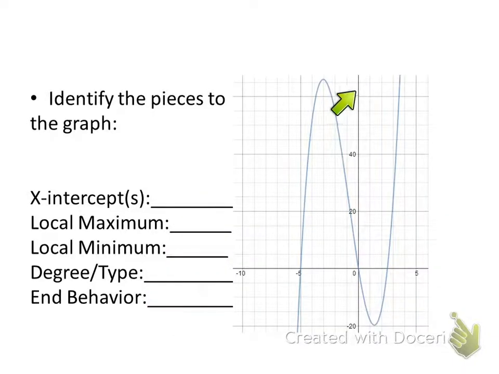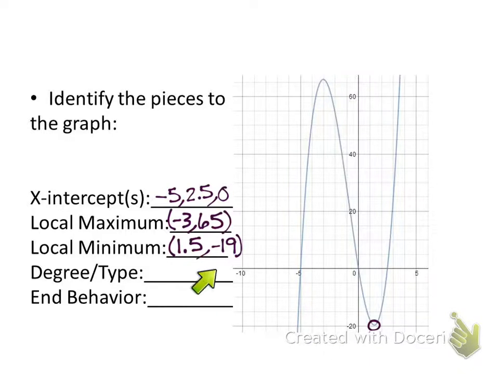This next one, notice how the indices are very large. So you're going to maybe get more estimates on the X-intercepts, maxes, mins. So X-intercepts, -5, 2.5, 0. So the local max is about -365.